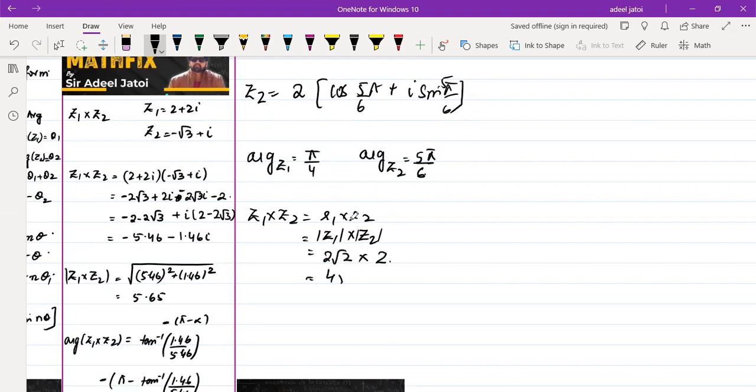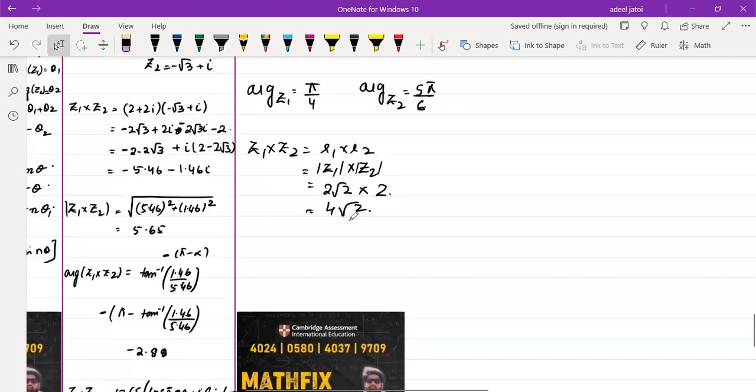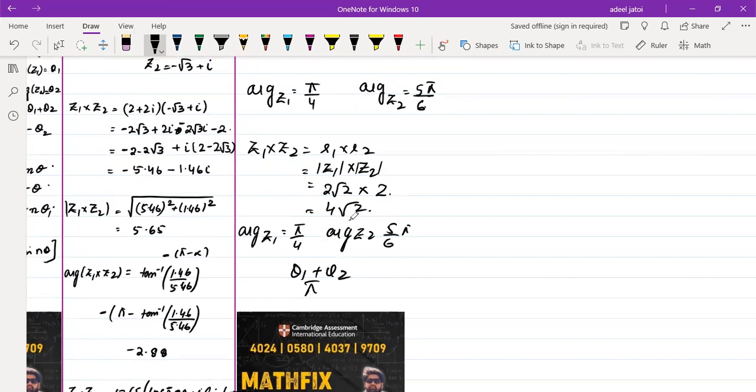So the answer is 4 root 2. Similarly, we have argument of z1 as pi upon 4 and argument of z2 as 5 upon 6 pi, and we are told to find the argument of the product. So the angles will be added, which means pi upon 4 plus 5 upon 6 pi, which in the end gives 13 upon 12 pi.